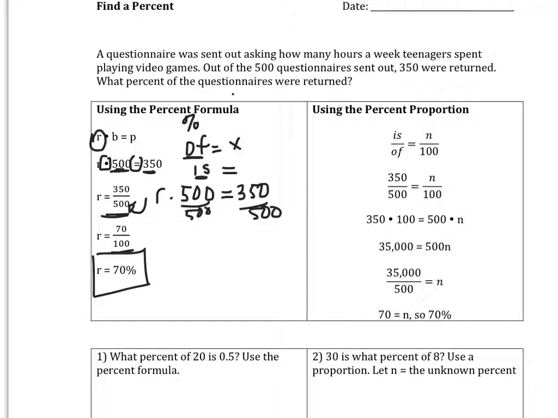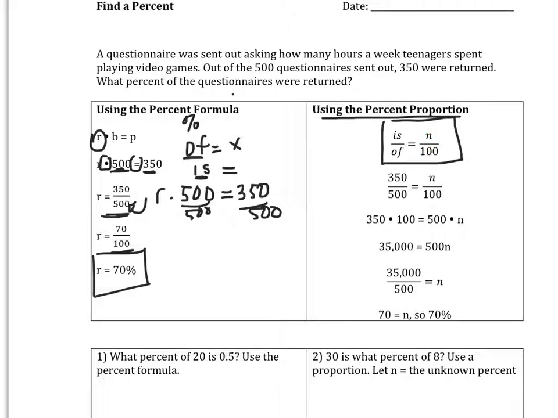Now let's take a look at it using the percentage proportion. Here is something to remember when we're doing our percentage proportion that will help us also break down word problems. If we use the formula where we have "is" on top, "of" on the bottom, this is our percent over 100, and we don't know what percent it is, so that's our unknown.